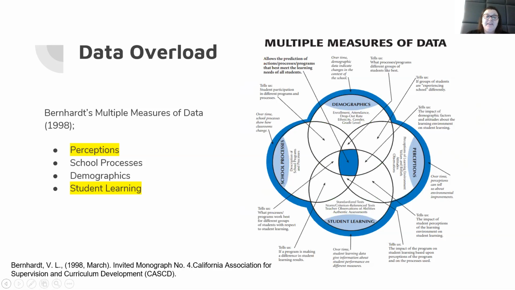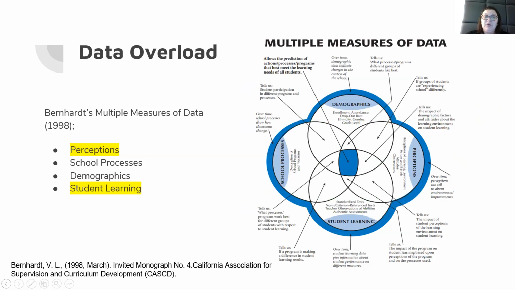So you have to think about this visual from Bernhardt. Think of the types of data that are in our schools and that we need. We have so many forms of data that we collect on a daily basis. We have demographic data, we have perception data, we have student learning data, we have school process data. These are all the things that we are in charge of our system to keep.